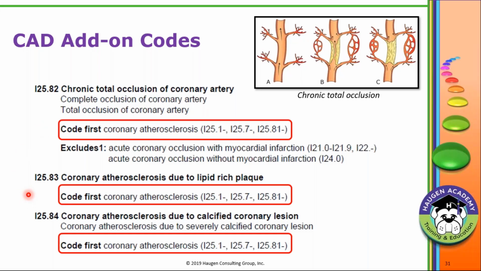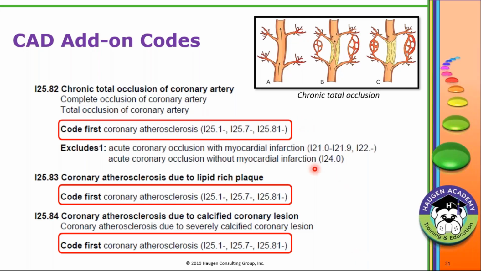Other codes that determine how it will be treated are for lipid-rich plaque and calcified coronary lesions. For patients with lipid-rich plaque, I25.83, that's important to the physician because he may want to use a drug-eluting stent to treat that. And then the calcified coronary lesion means that the plaque is just really hard. And again, similar to our CTO, it's going to be hard to cross, hard to treat, and hard to get the vessel to stay open.